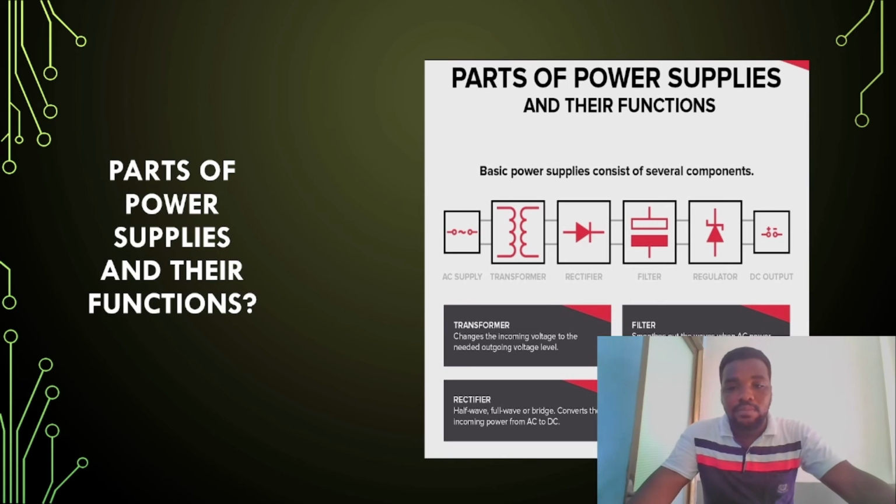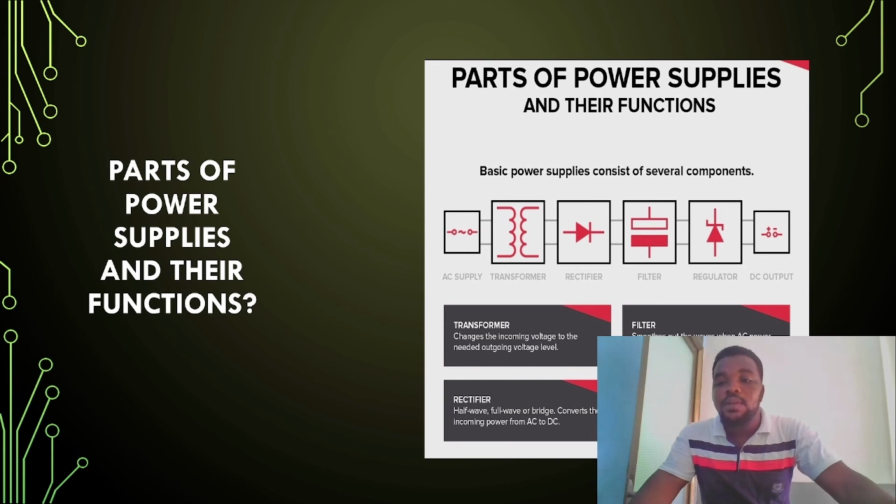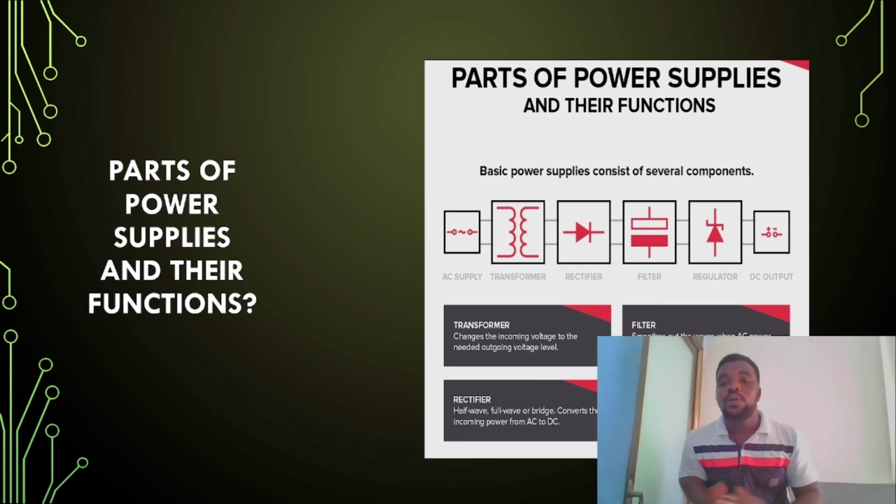The transformer changes the incoming voltage to the needed outgoing voltage level. Then the filter smoothens out the waves when AC power changes to DC. Then the rectifier, half wave, full wave or bridge, converts the incoming power from AC to DC.